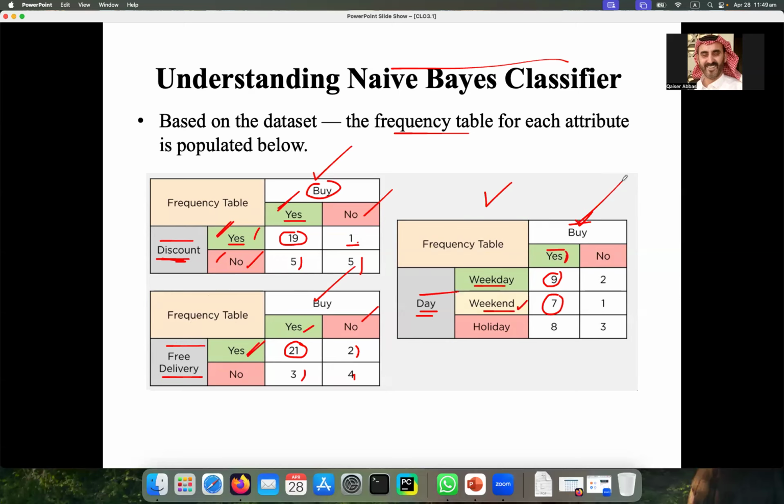So you have to make frequency tables of all independent variables with the dependent variable. You have to make it ready for calculating probabilities. The other name for probabilities is likelihood. To calculate the likelihood or probabilities, you need these frequencies, because only then can you divide that count with that count and you will get that probability.